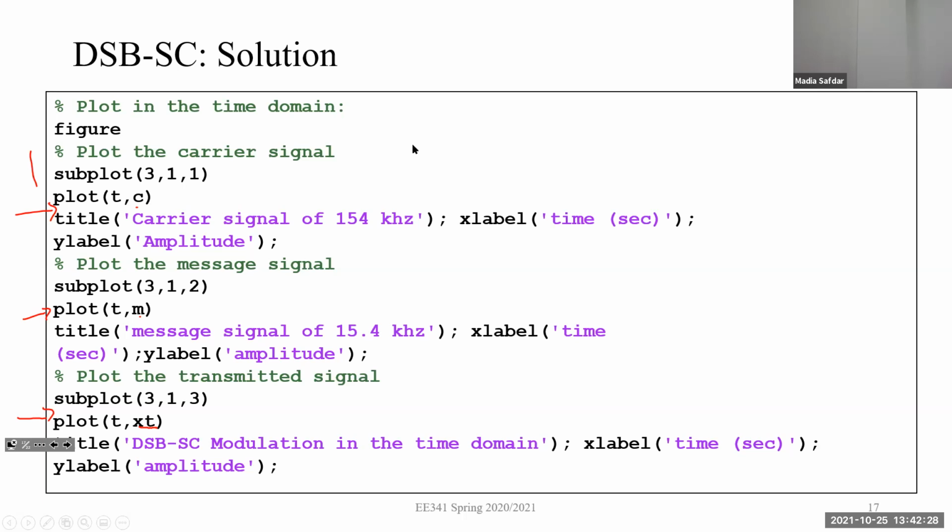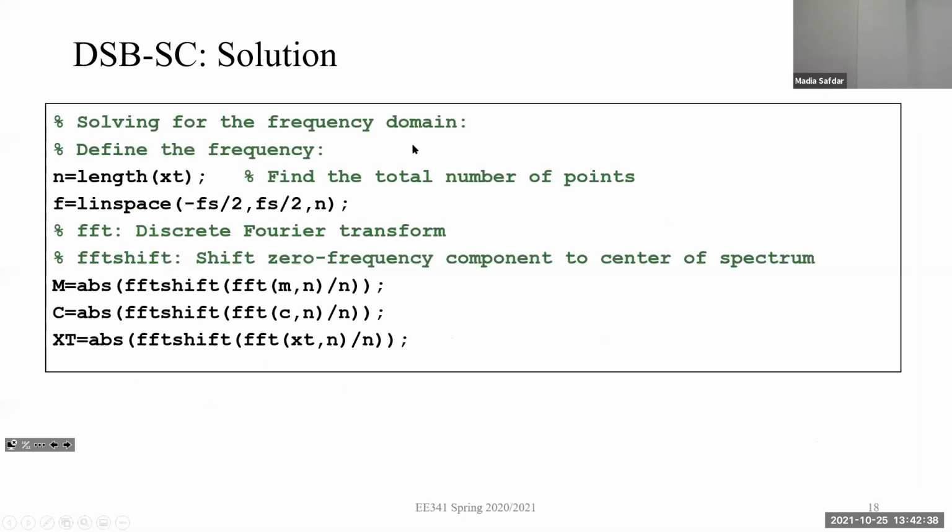Tell me, what should I do to transform it into the frequency domain? Fourier, FFT. Yes. So I will take FFT of my message. First, you will distribute the scale.